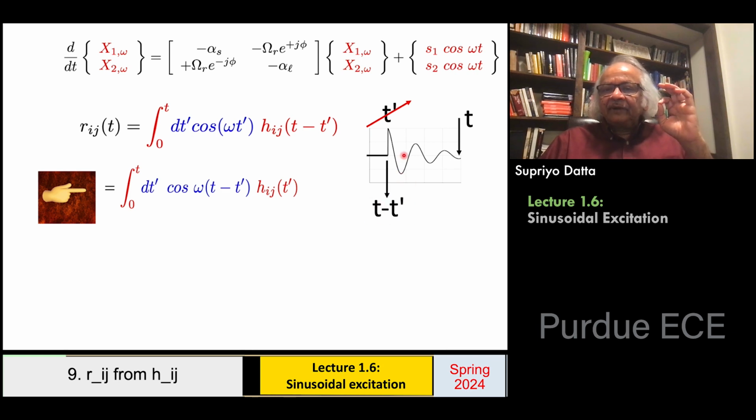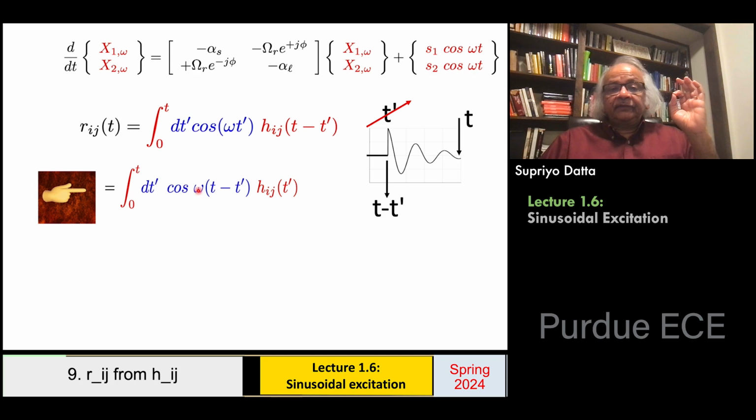So what t prime represents is the time interval between my observation and when the source was active. But mathematically, this is just a change in variables. What used to be t minus t prime has become t prime, and what used to be t prime has become t minus t prime. And you'll notice those two are mathematically equivalent.